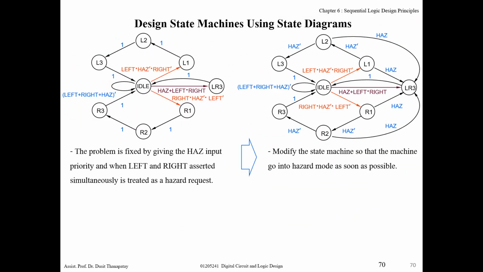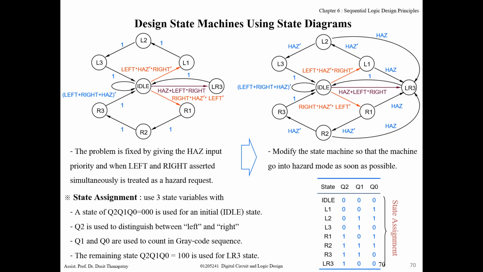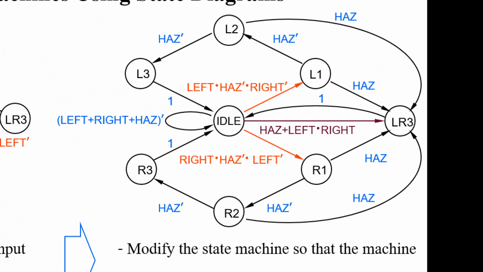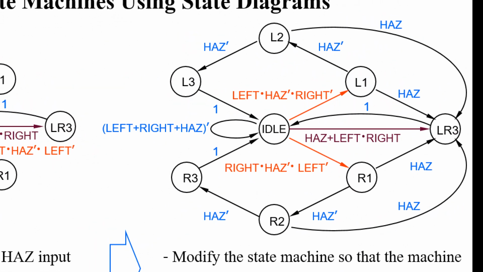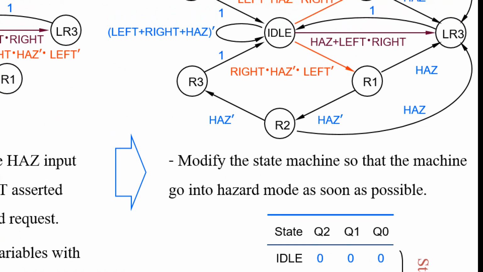Okay, the next step, to continue the design, you must determine binary code for each state. Namely, you must do state assignment.